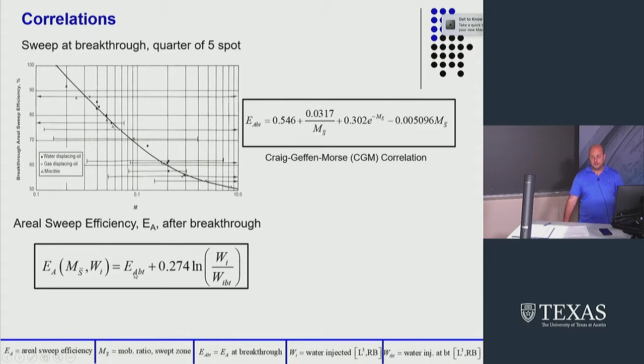And then EA is the areal sweep efficiency at breakthrough. And if you wanted to find it at a later time, Wi is the amount of water you've injected, so that's going to be greater than WiBT, and you can calculate your areal sweep efficiency. So we have everything we need, except that we probably need to find a way to calculate the water injected at breakthrough.